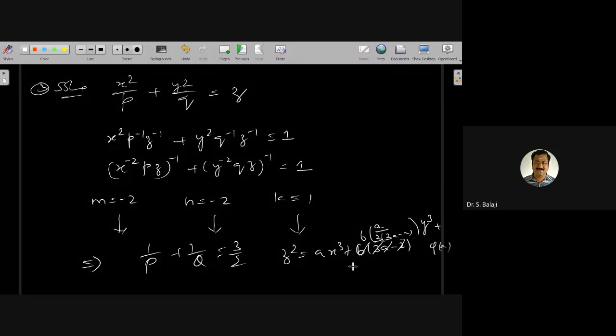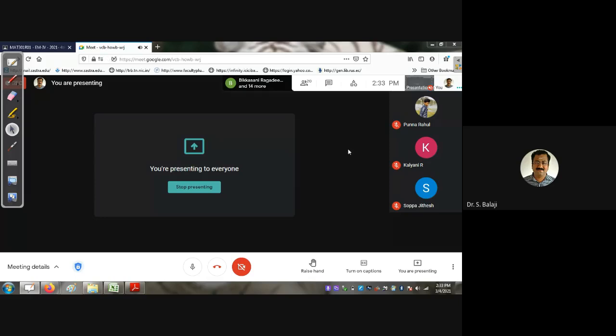Okay, z square equal to a x cube and so on into y cube plus pi of a. Okay, this will be the idea. Simple procedure only.